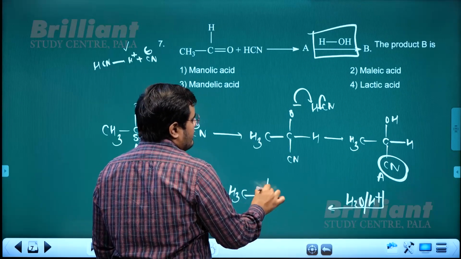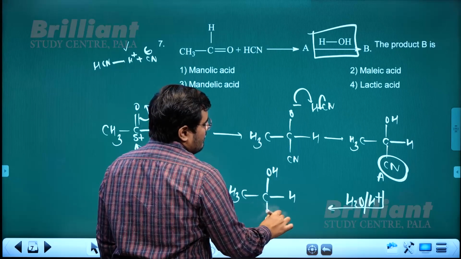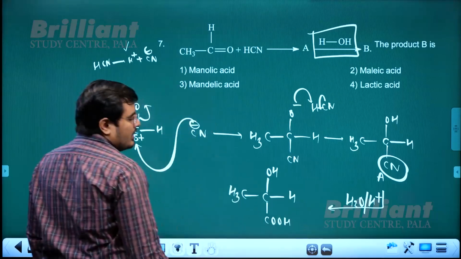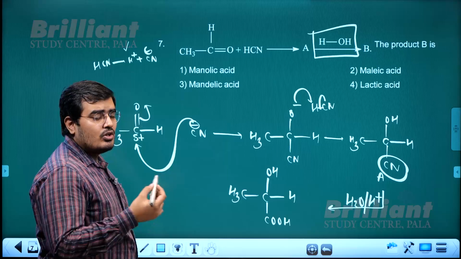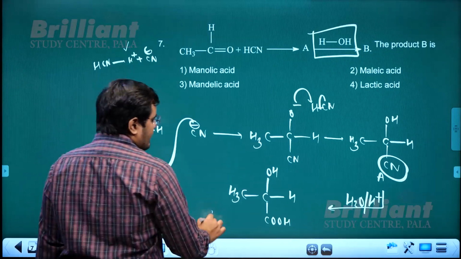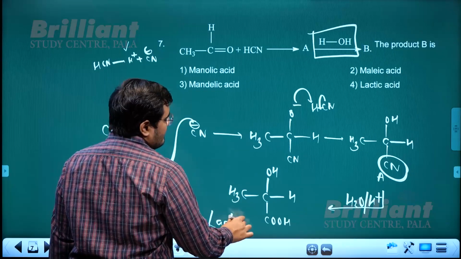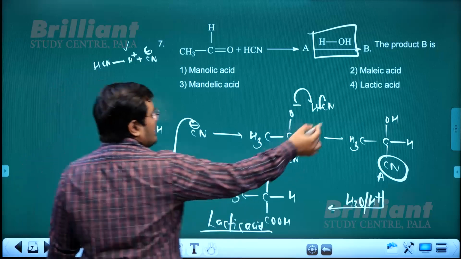So what will be the change? Here this will be OH, H, and this will become C double bond OH. If you check the beginning part where I said remember the nomenclature of common names, then you will understand that this compound was given as lactic acid. So the answer here will be lactic acid.